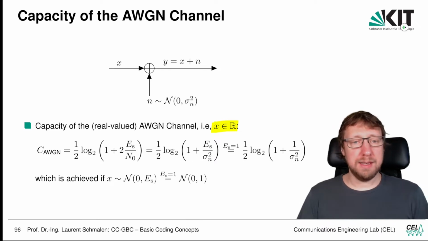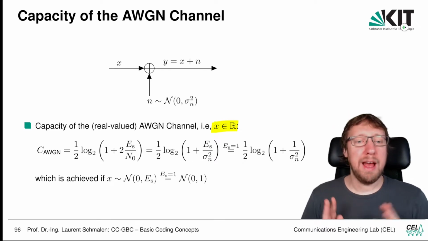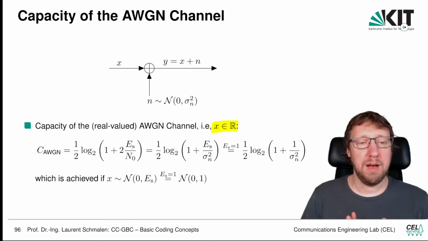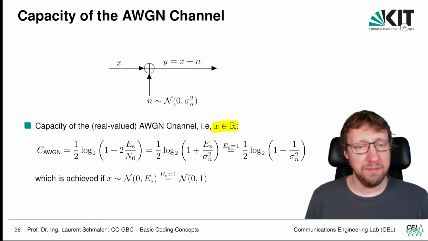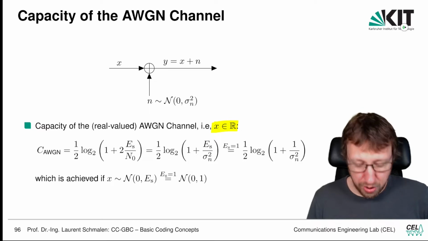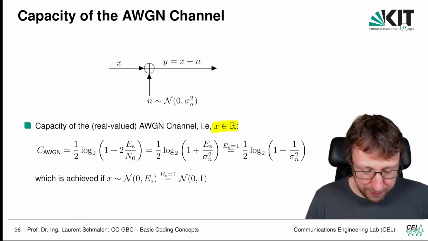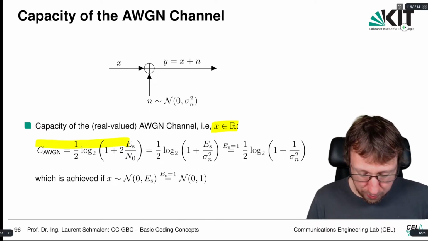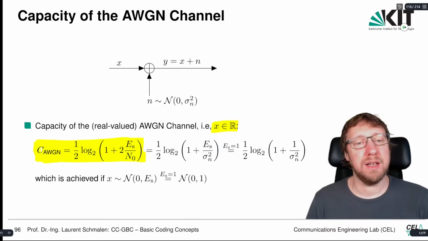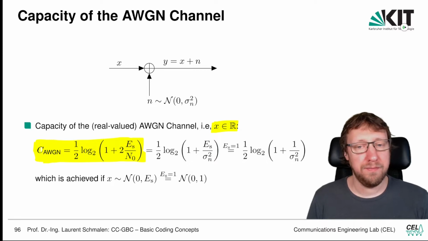And this AWGN channel has a very well-known capacity equation, and that's shown here. Capacity of the AWGN channel is 1/2 times log 2 of 1 plus 2 times Es over N0.